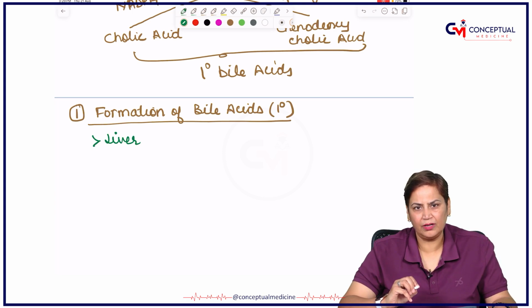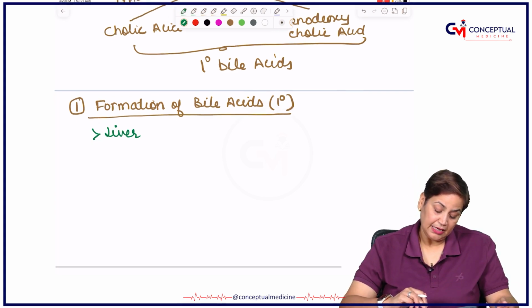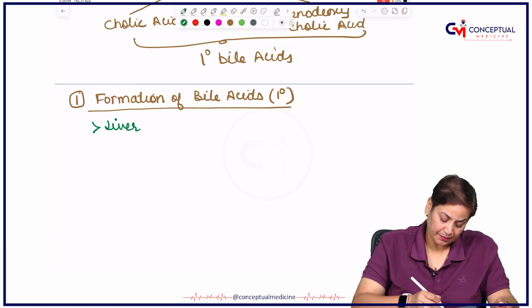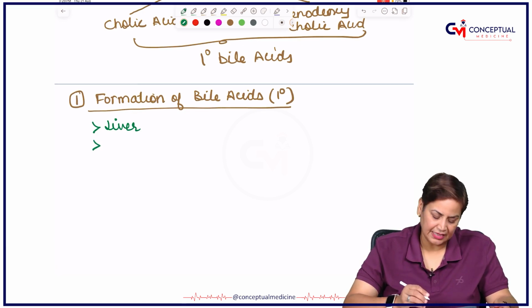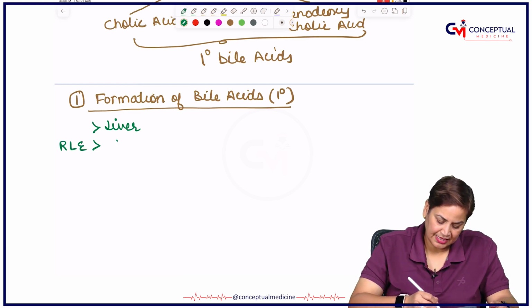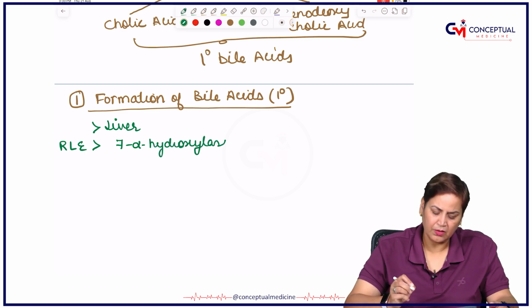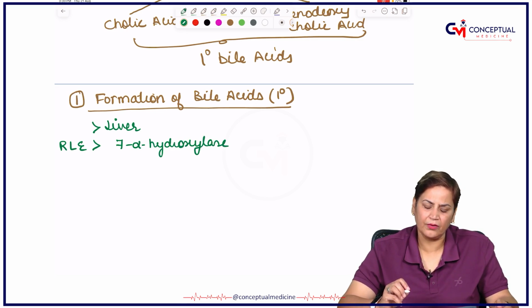Again, very important: the synthesis of bile acids occurs in the liver. Now the question is, what is the rate limiting enzyme? The rate limiting enzyme of synthesis is 7-alpha-hydroxylase.